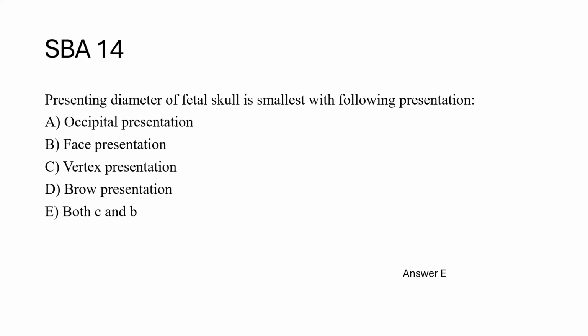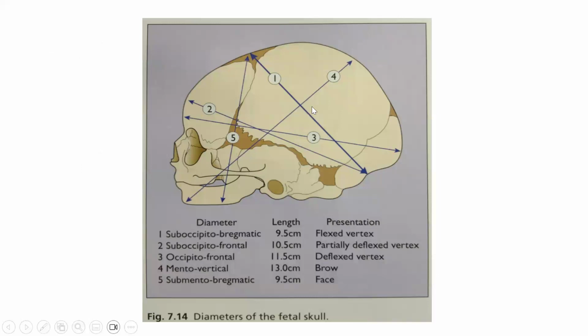What is the diameter? 9.5 centimeter. Very good. So it is vertex and face, both are 9.5 centimeter, the smallest diameter. All the diameters of the fetal skull and their presentations are very important for exam.